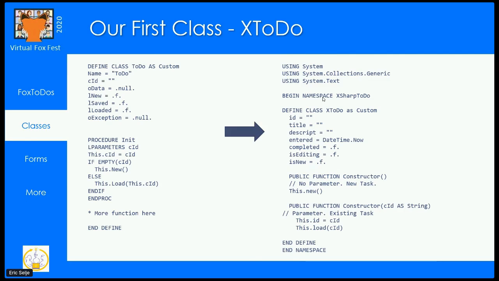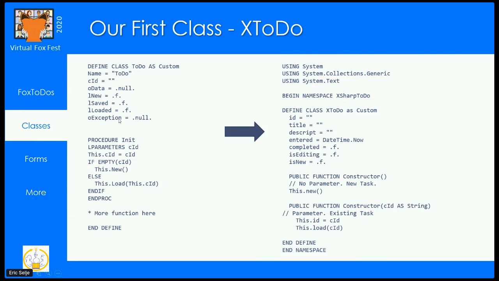In FoxPro, our namespaces were given to us by, if we did an OLE class, the name of the file and then dot and then the name of the class. But here we can specifically say what our namespaces are going to be. And here's our defined class, which looks just like FoxPro's defined class. And this was not quite here last year. If you were in my XSharp session, it's all here now this year.